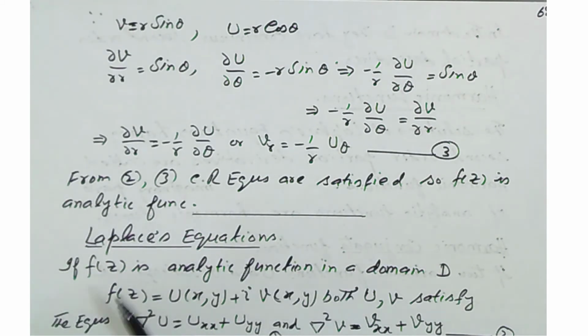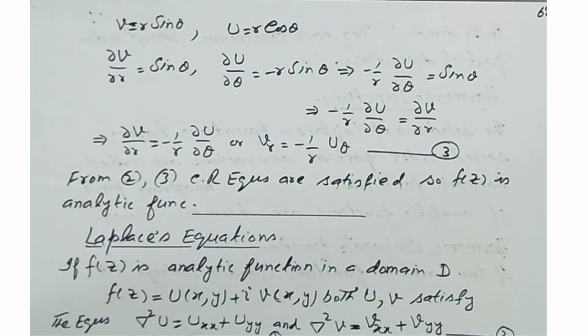Now the important topic is Laplace equations. If f of z is an analytic function in the domain D, f of z equal to u(x, y) plus i v(x, y), both u and v satisfy this equation. This is called the Laplacian: u_xx plus u_yy. This means the double derivative of u with respect to x plus the double derivative of u with respect to y.